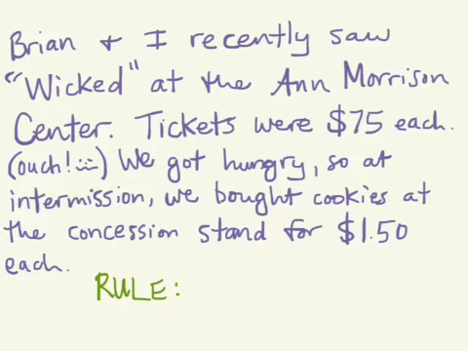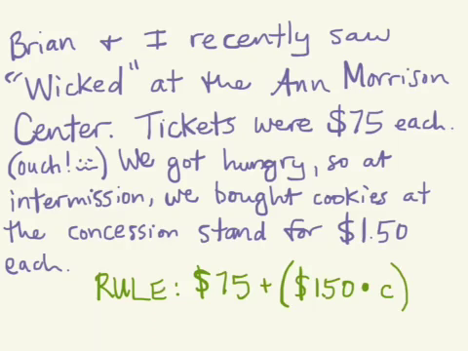You've got $75 that you already paid, plus the cost of however many cookies you bought, which is $1.50 times, let's use C for cookies, however many cookies. So our rule is $75 plus $1.50 times however many cookies we got.